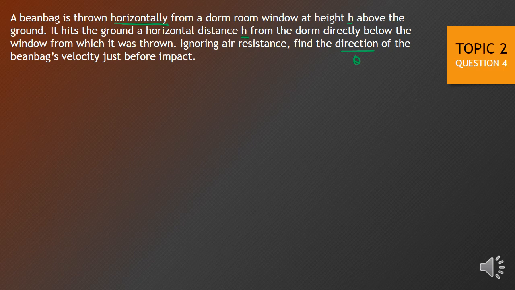So let me just draw a simple diagram for the problem. We have the window here, and on the window we have the beanbag thrown horizontally, so that ux is equal to u, and our uy would be equal to 0.